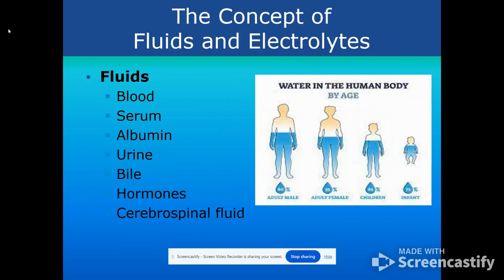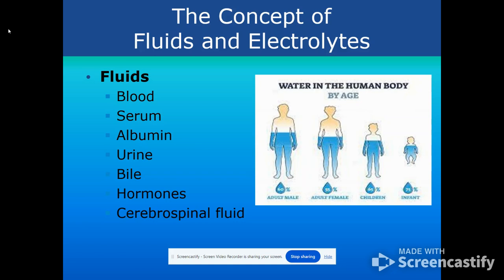Some fluids within the body are blood, serum, albumin, urine, bile, hormones, and cerebrospinal fluid. Factors that affect the total body fluid include age, gender, and body fat. The intracellular fluid composes about 40% of total body weight.